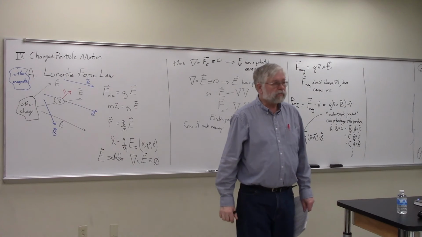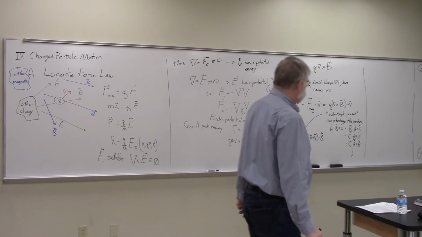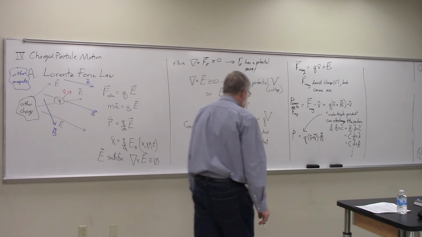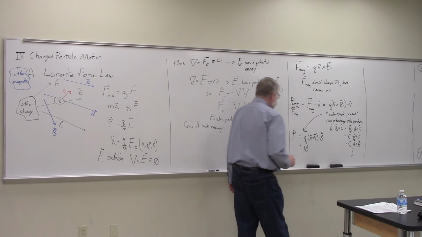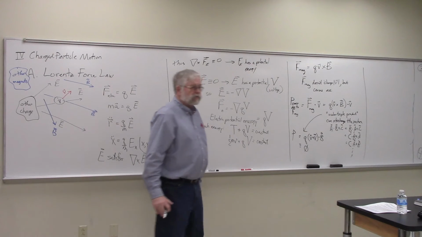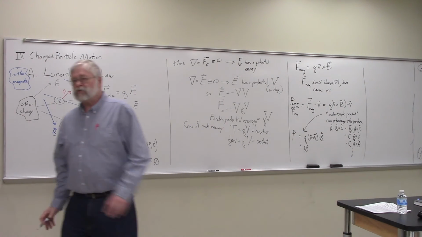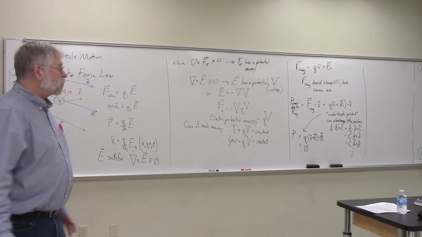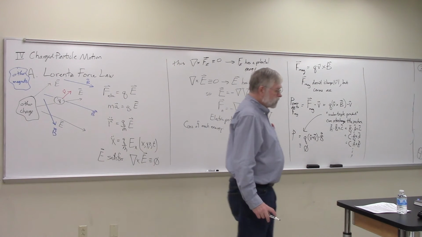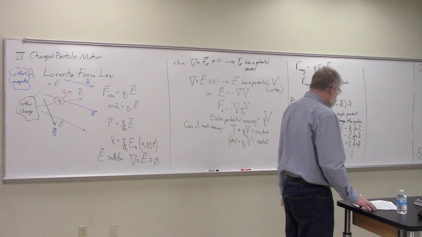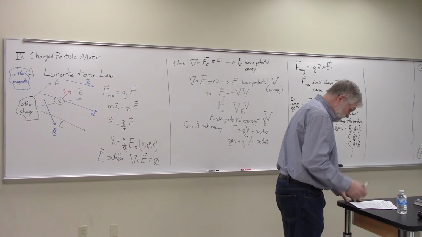Anytime you cross a vector into itself, you get 0. And that means no power is delivered to that object. No kinetic energy is added or subtracted. No speed change. The magnetic force doesn't change the speed of that charge, but it does change its direction.